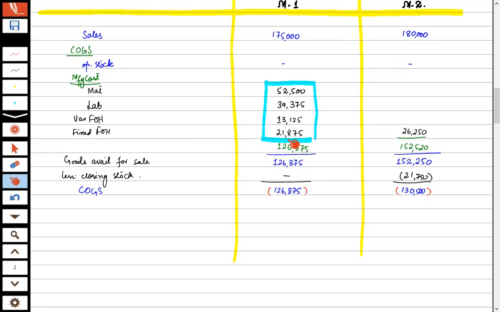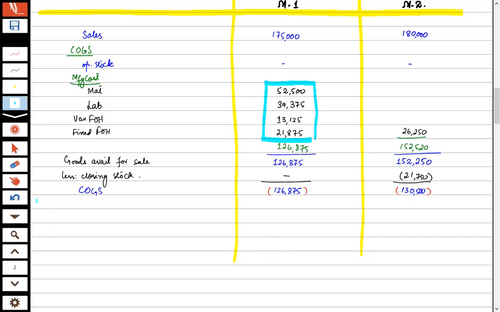Just remember this. We have to take the amount till the budgeted normal capacity fixed FOH. Here 21,875 is under applied, so we will have to add to make it 25,000. Here it is 26,250. So we have over applied, we will lessen it to make it 25,000. So it is the line which is very important.